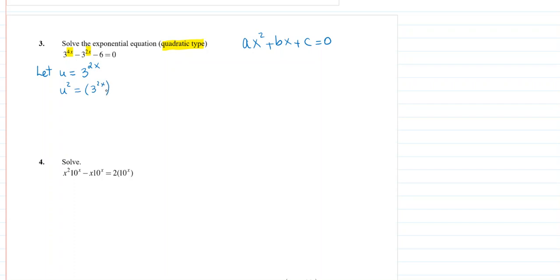You can see that if I just square both sides here, u squared gives you the square of 3 to the 2x, power of a power, you multiply the powers, and you get 3 to the 4x. So now I can substitute for everything in my equation. 3 to the 4x has a new name. It's called u squared. 3 to the 2x is called u. And now we'll solve this quadratic equation.